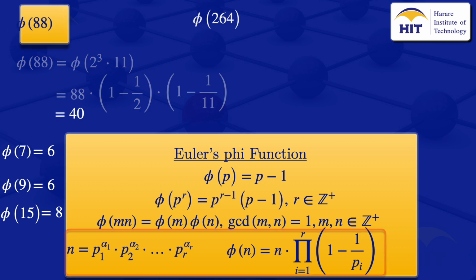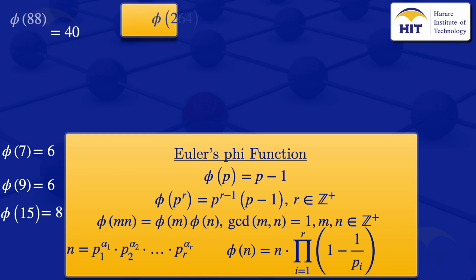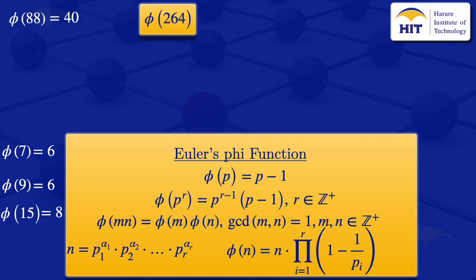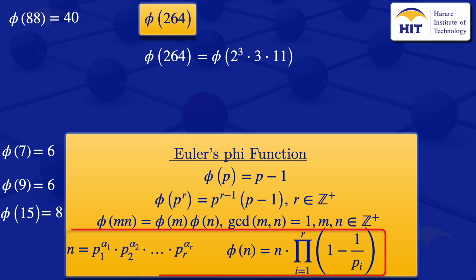And now I go on to the next one, phi of 264. For 264, we can write its prime decomposition as 2 to the power 3 times 3 times 11. So in this case, we can use the property at the bottom. We have three distinct primes, the 2, the 3, and the 11. We have 2 to the power 3, so our alpha 1 will be 3.